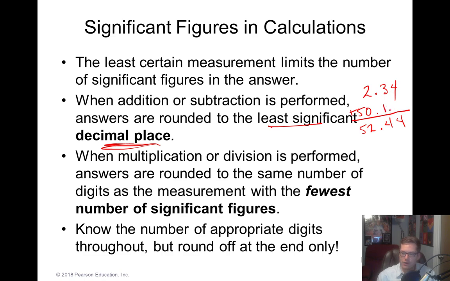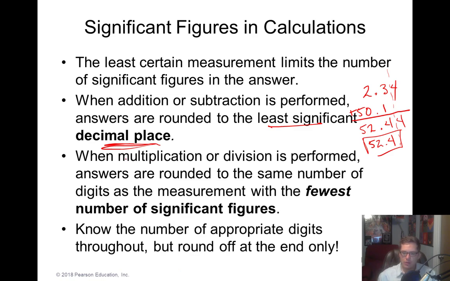So I can't have my answer be any farther to the right than that. So draw a little light line across that point, and your answer is going to be 952.4. And then you have to decide, does that 4 round up? Well, the next number is a 4, so that's not 5 or greater, so it doesn't round up. So the real answer would be 952.4. And the same thing works for subtraction. You line up the decimal points, and Bob's your uncle.